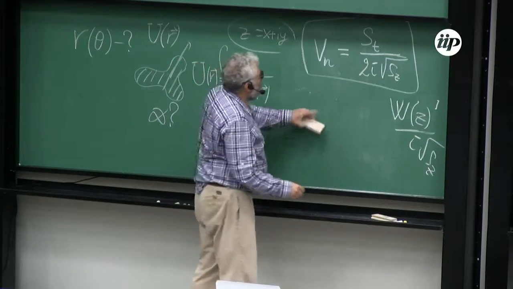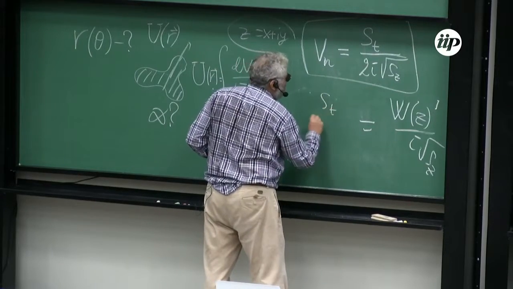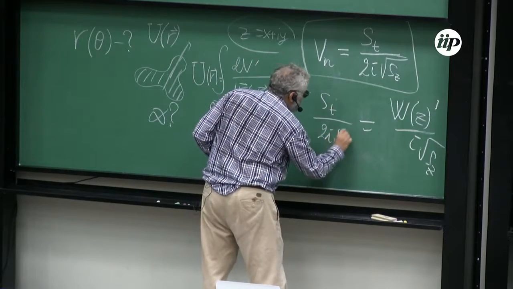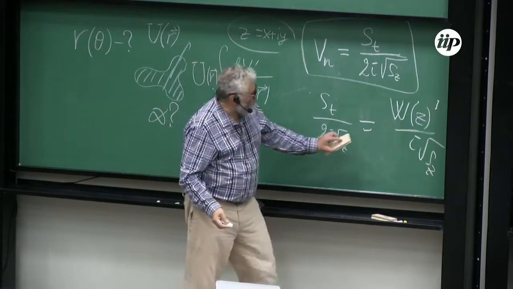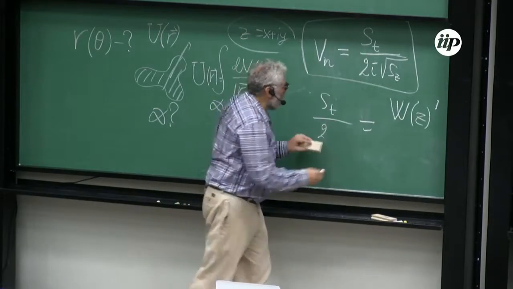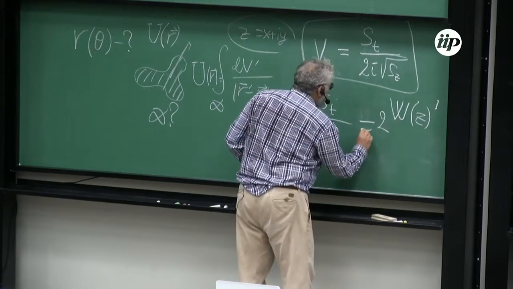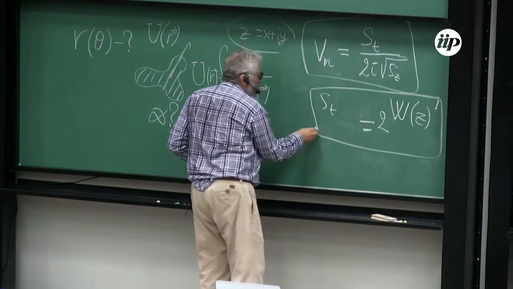Now we equate the normal velocity with what it should be. We cancel on that. And we finally got the process of the moving boundary.